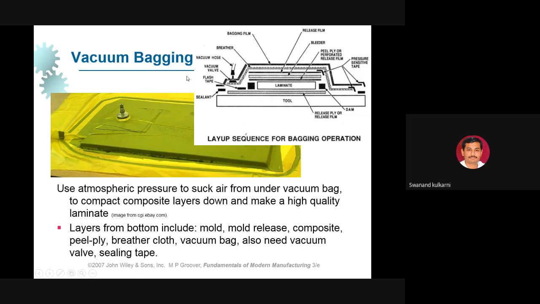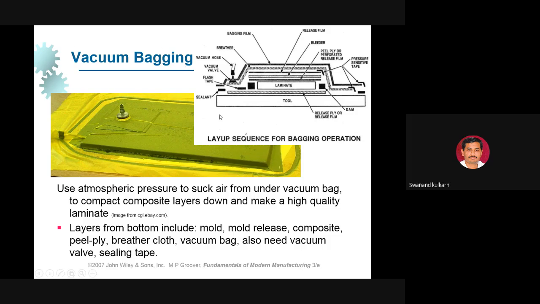Then another kind of technique which is used in case of composite material or fiber reinforced plastic, and which is very commonly used, is the vacuum bagging process. Is it okay? In which the vacuum is created.